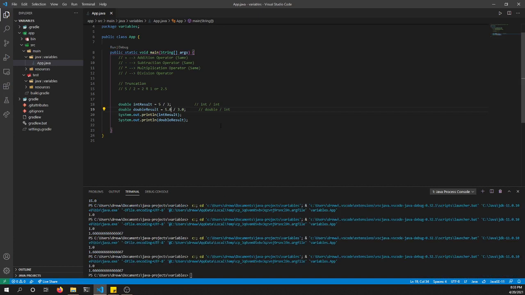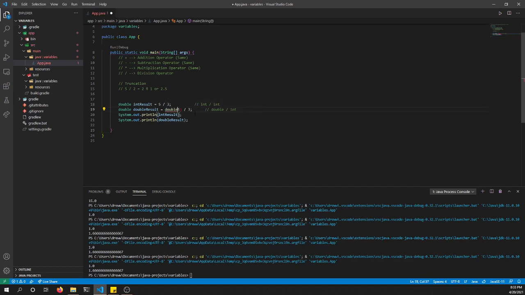A good rule of thumb is for doing double arithmetic, any floating point arithmetic, if you want the answer to be a double or a float, you had better make sure at least one of the numbers you're working with is a double or float. And there's a few ways to do that. For example, I could have just added the decimal 0 like I did before, or I can just say double.